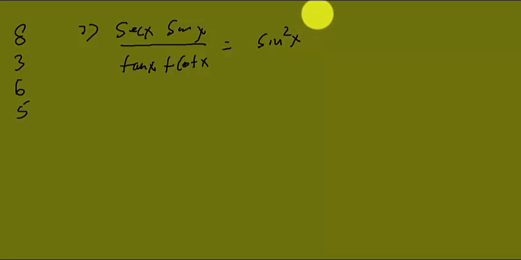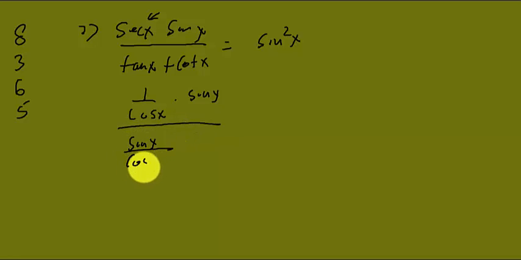Whenever you have any doubt where to start, what to do, convert everything into sine and cosine and start doing some algebra. That is really 1 over cosine x times sine x, all that over sine x over cosine x plus cosine x over sine x, equal to sine squared x.